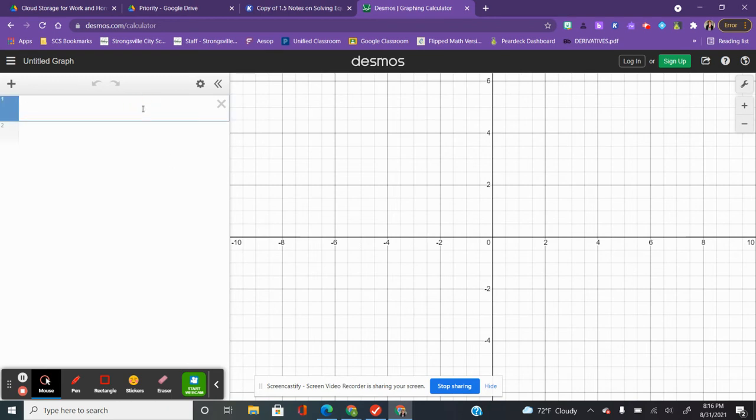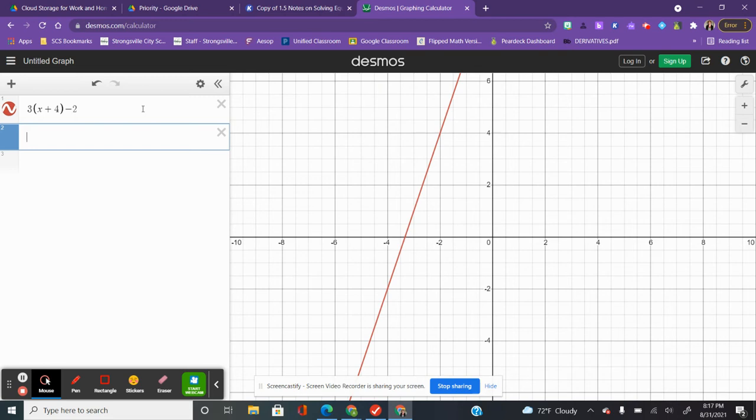I'm just going to look at the original equation to type that in. The original equation was 3 parentheses x plus 4, and my parentheses minus 2. I'm going to hit enter, and notice when I do that, this line appears. In the next line, I'm going to type in what was on the right side of the original equation.